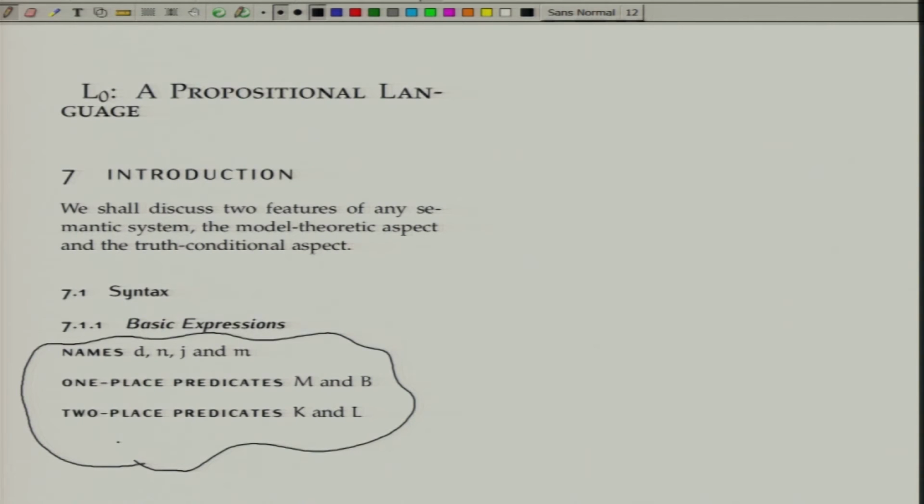After that, this system has 2 one-place predicates M and B. Also it has 2 two-place predicates K and L. What is the difference?